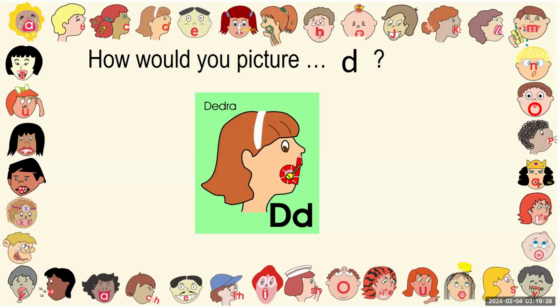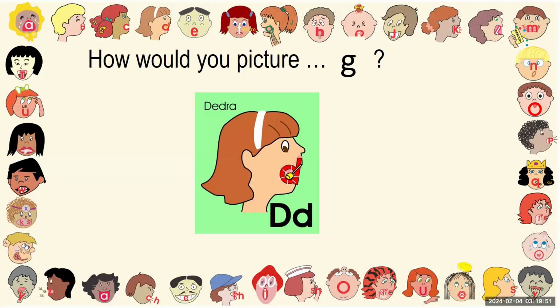The drumstick is your tongue. This helps differentiate reversals like B's versus D's. D is inside the mouth and it's the loud sound, da, da, with your tongue. And the B is the lip on the outside of your mouth, and it bounces.